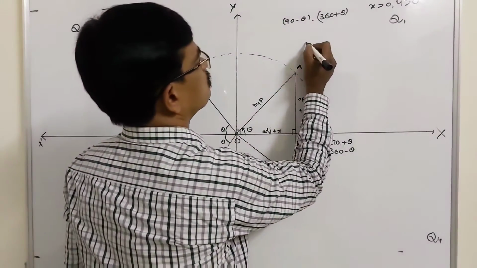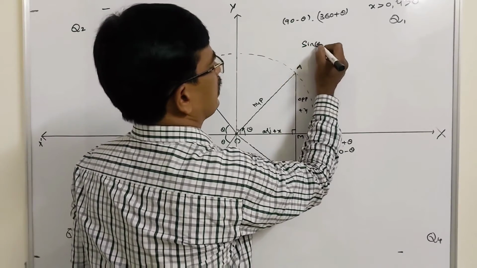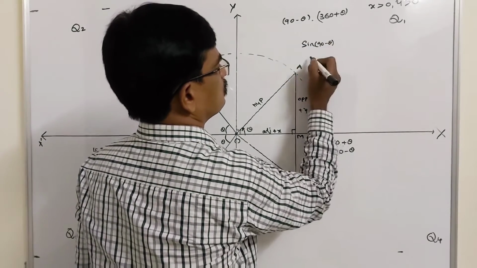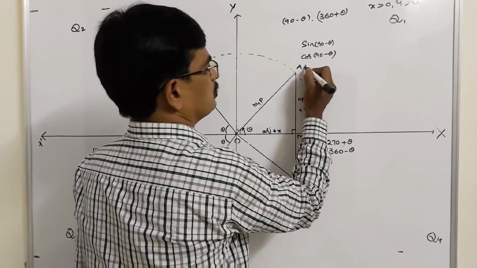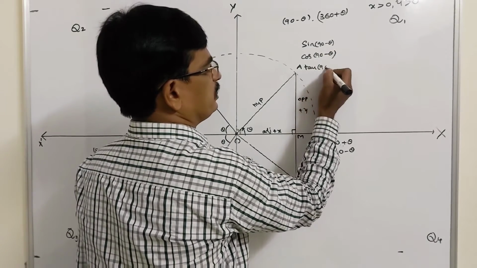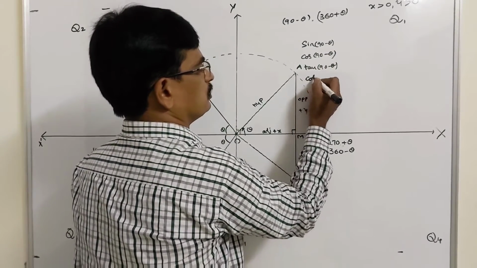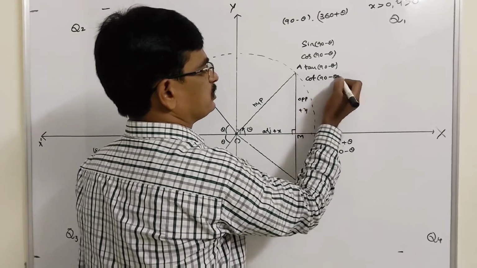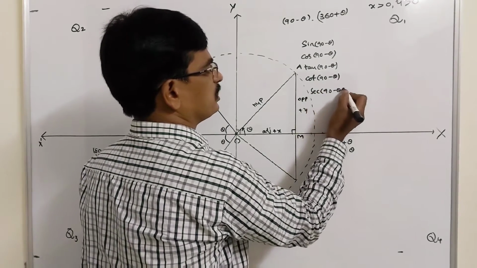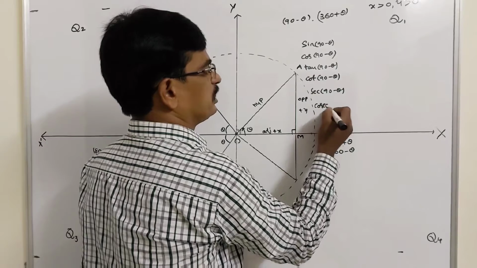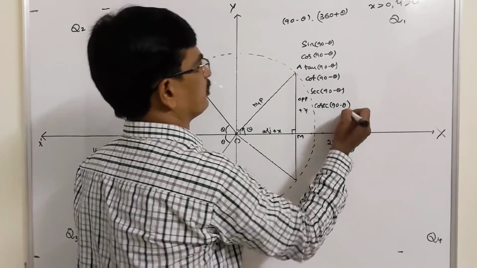That is sine of 90 minus theta, cos of 90 minus theta, tan of 90 minus theta, cot of 90 minus theta, secant of 90 minus theta, cosecant of 90 minus theta.